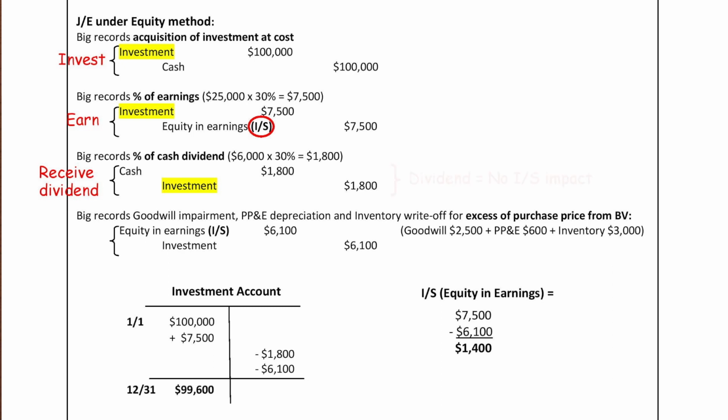Dividend equals no income statement impact. Note the investor is recognizing income when the investee is earning money. When the investee pays out dividends, the investor does not again recognize income. That's a reduction of the investment by the investor.